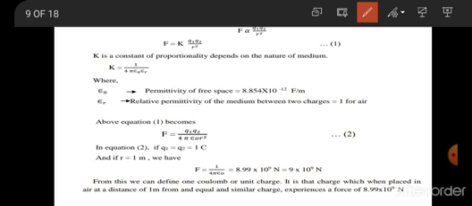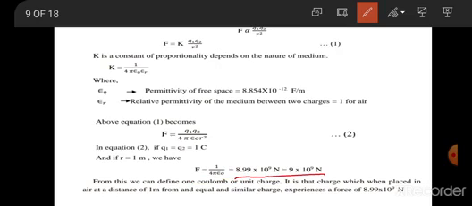if Q1 and Q2 are equal to 1 coulomb and the distance between the two charged bodies is 1 meter, then the value of force between the two charged bodies will be equal to 1 upon 4 pi epsilon 0. And if we put the values of all the constants, like we know the value of pi, we know the value of epsilon 0, then that value will become 8.99 into 10 to the power 9 Newton.